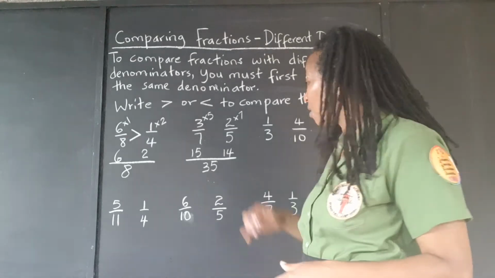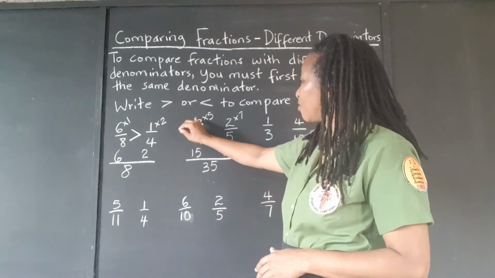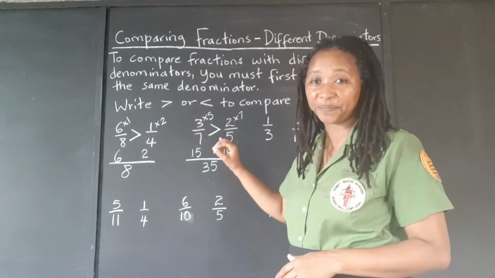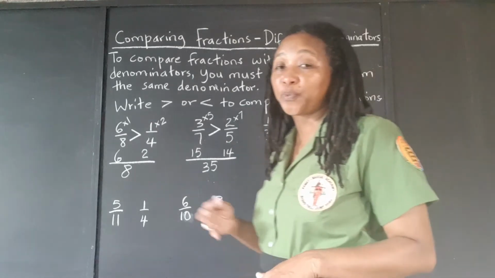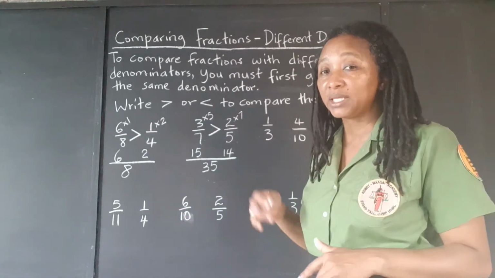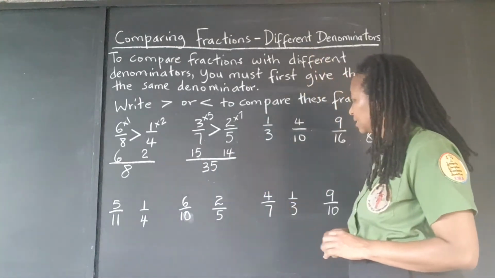And now we can compare the two. 15 is bigger than 14. So 3/7 is bigger than 2/5. See that? It's pretty easy from the point of getting them to the same common denominator. We just compare the numerators at that point.